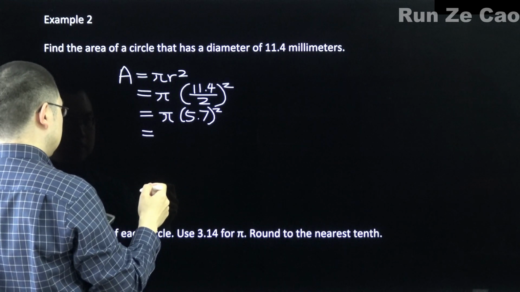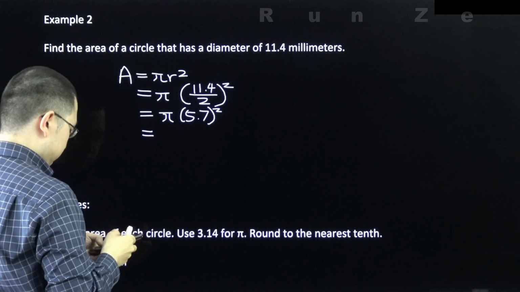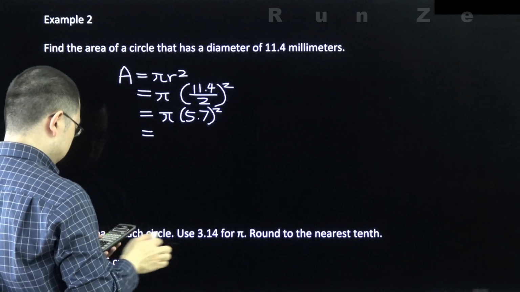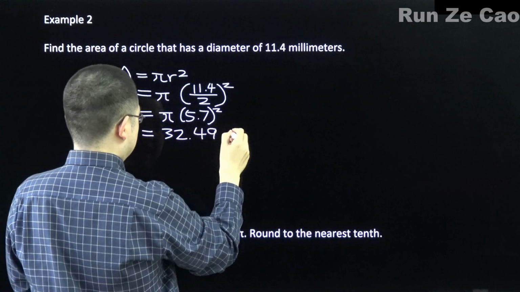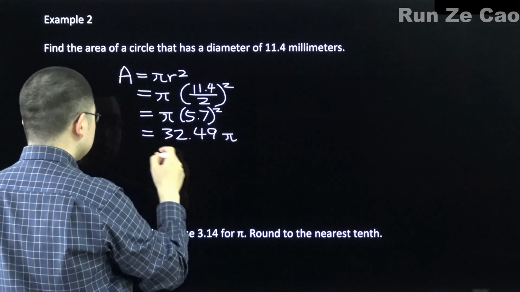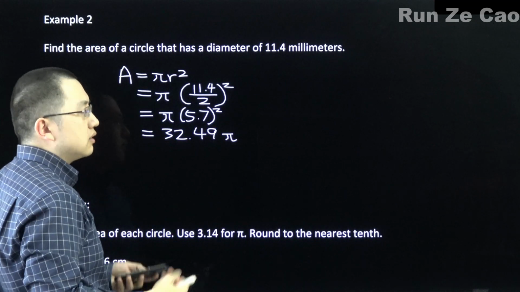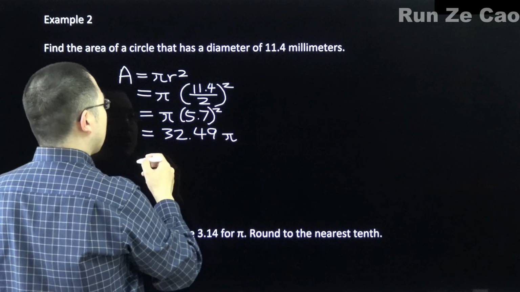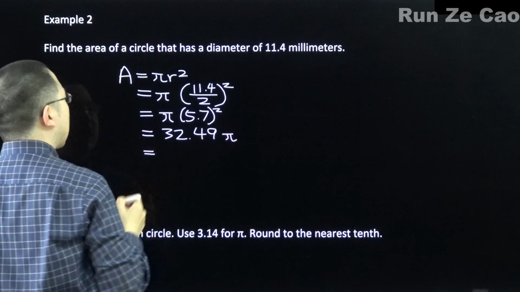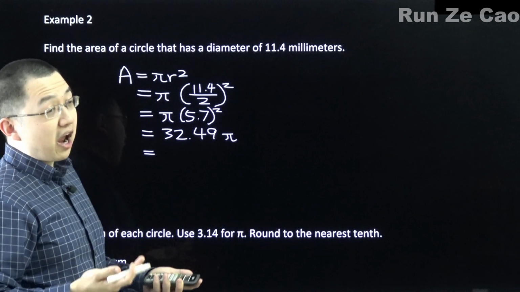And yes, you should probably state a 32.49 pi. This is the exact value. But often you can just say this is the exact value, and very few people will complain if you leave an exponent in there, unless it's something ridiculously simple like 2 squared.